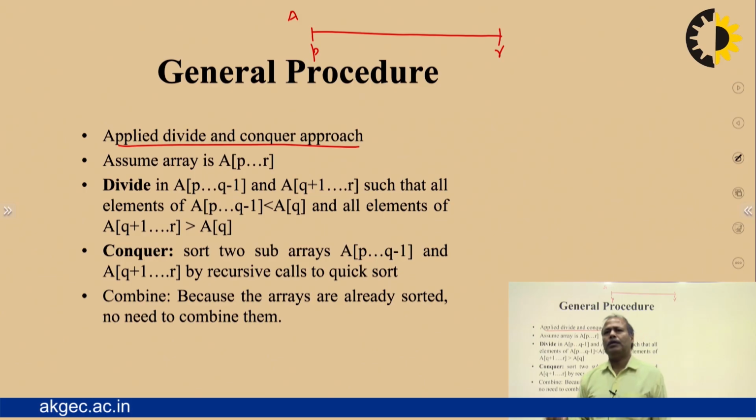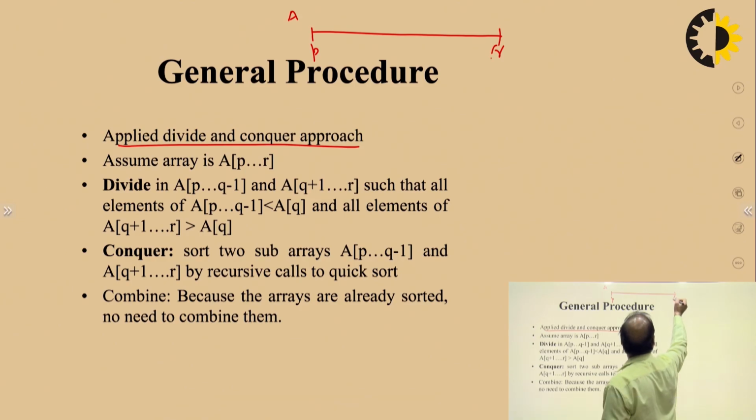Any element can be taken as the partitioning element, depending on the situation. Some algorithms take the last element as the partitioning element, some take the beginning, or some can take any other element. So there are many procedures for partitioning the array.